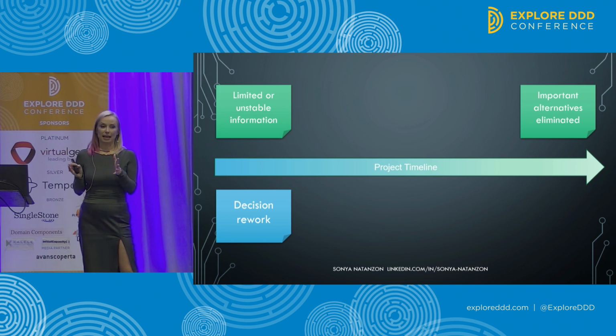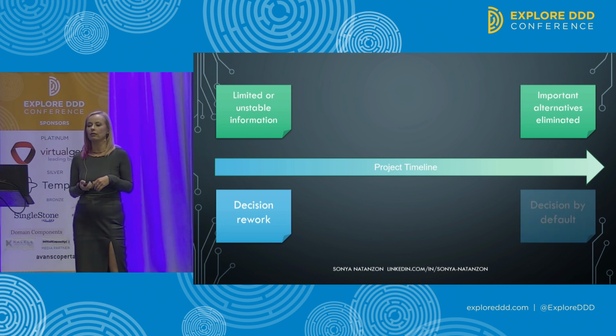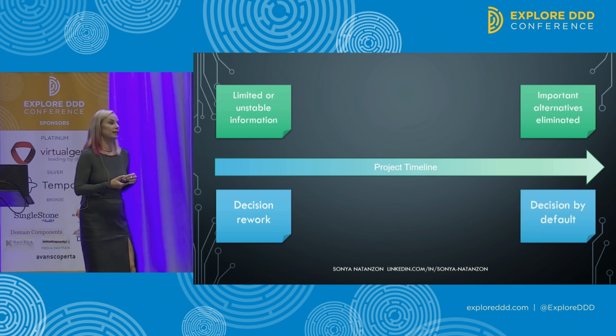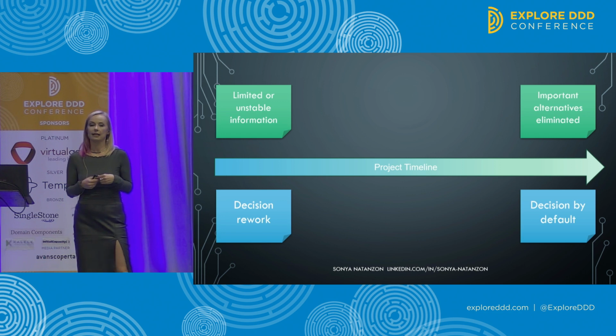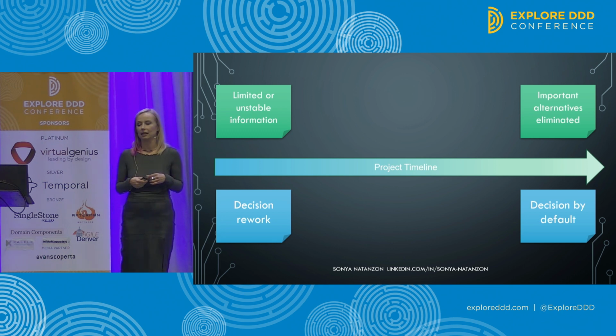Your information is stable, it doesn't change, but somewhere along this time axis, you're going to start running out of time until it eliminates all of the important alternatives for you, leaving you with only one, the one that fits into the remaining timeline. So the decision gets made for you by default. And the decisions that are made by default are rarely the best ones. In fact, they're typically ones that have a very long maintenance tail or sometimes even complete rework.